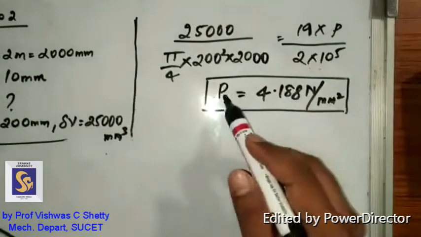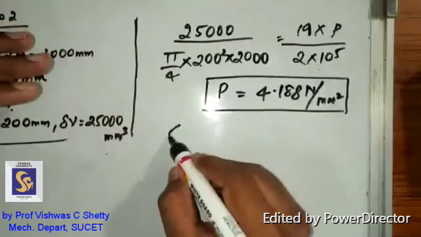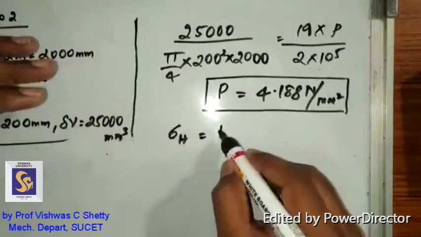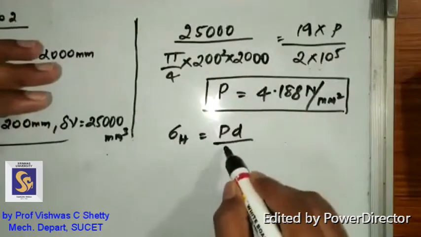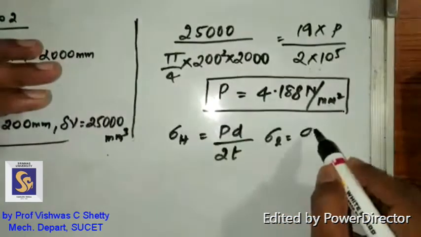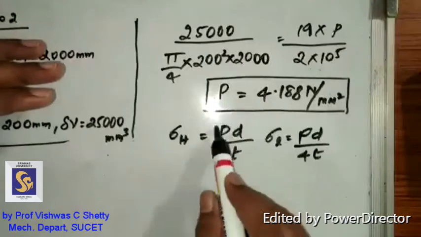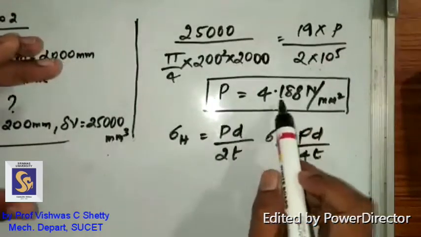Value of pressure. Now you can go back and calculate all the stresses: one is hoop stress, another is longitudinal stress. You have calculated the p value as 4.18.